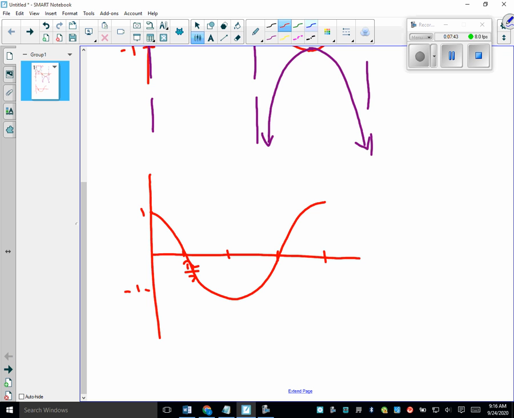So what do you think secant would do? Where do you think an asymptote would be? Pi over 2. You agree? Where else? 3 pi over 2?